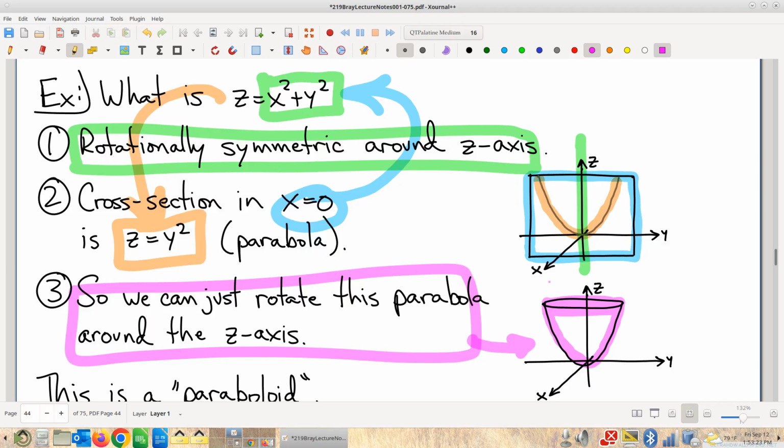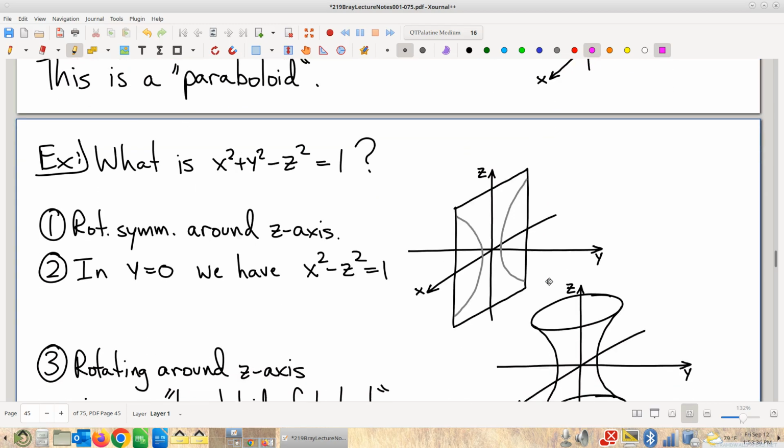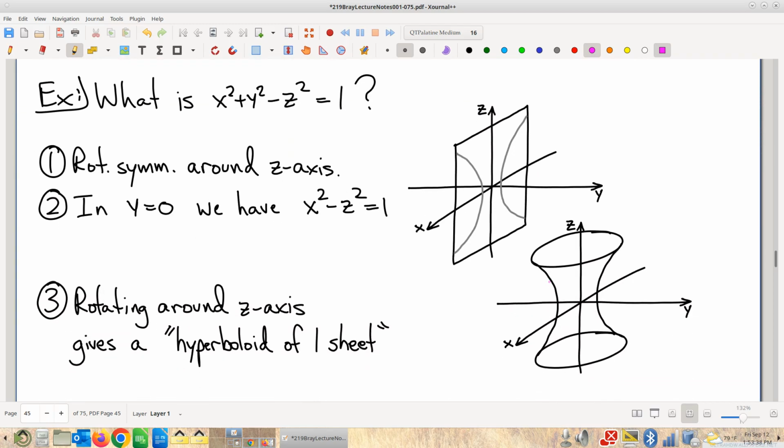Now, a common question that I get at a time like this is, how did I know to use the YZ plane? Answer, it doesn't matter. Pick any plane you like, as long as it contains the axis of rotation, so the z-axis here. So let's see how it plays when you choose a different plane. Again, we'll start the same way, looking at this equation. X and y appear only in the special form.